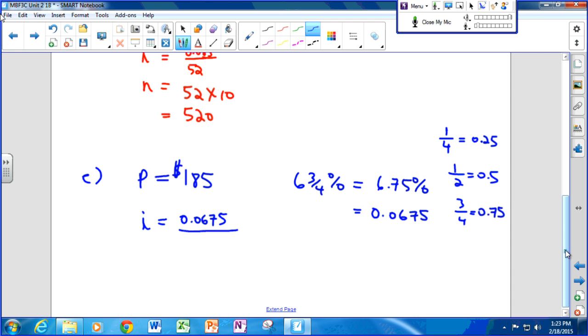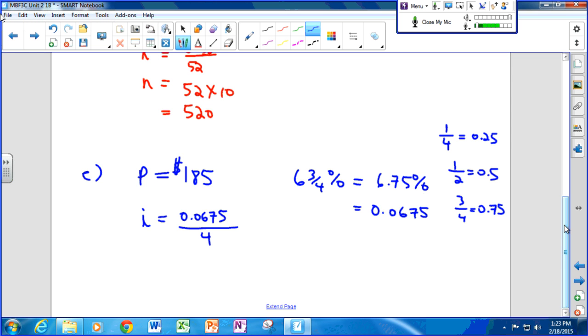If we look at our table on page 9, quarterly, there's 4 compounds per year. So that's what we're going to use. And I suggest you just leave it like that, because if you take that rather small number, the 0.0675, and divide it by 4, you're going to have a really tiny number. It's a lot of writing to do, and it's less clear. This is pretty clear because I see the interest rate on top and the number of compounds per year on the bottom.